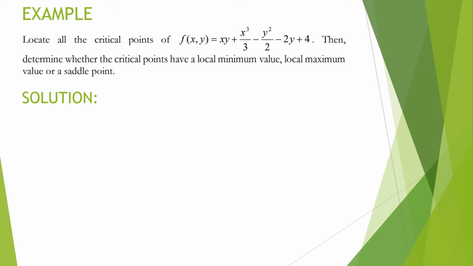Okay, look at our example. Locate all the critical points of f equals blah blah blah. Then determine whether the critical points have a local minimum value, local maximum value, or a saddle point.